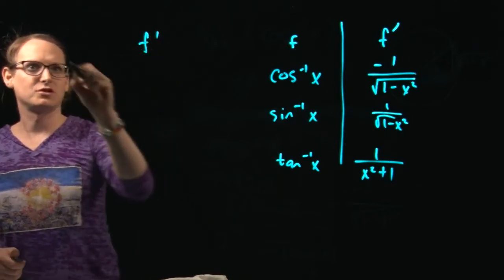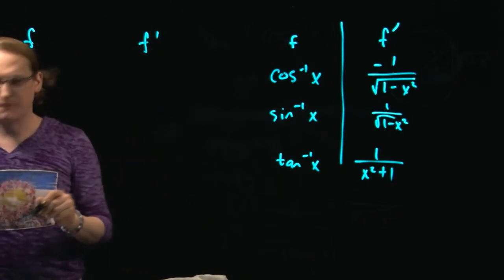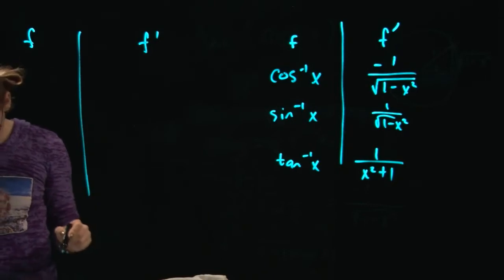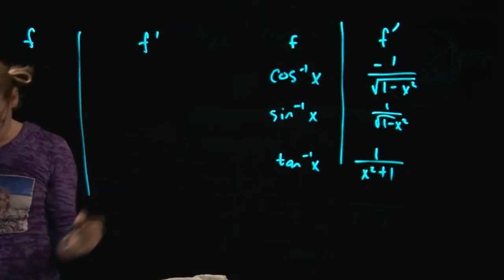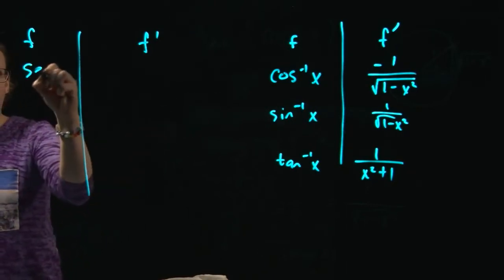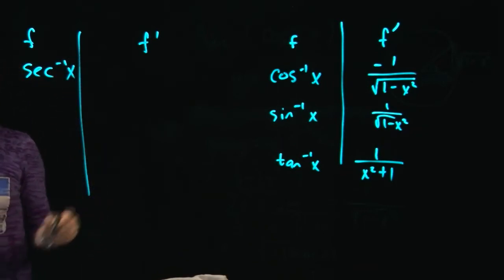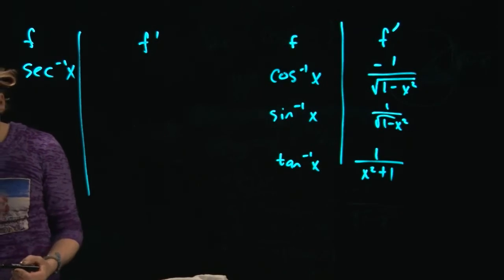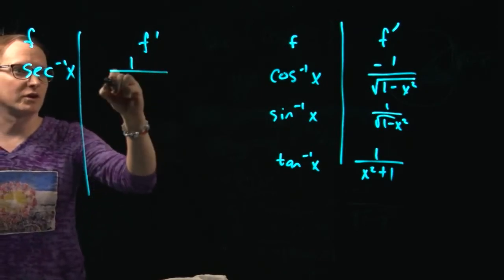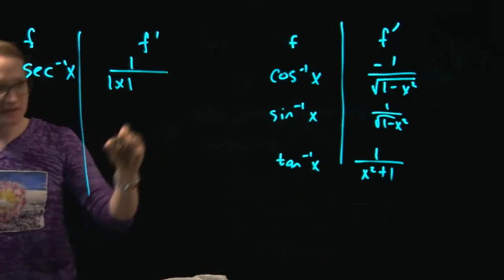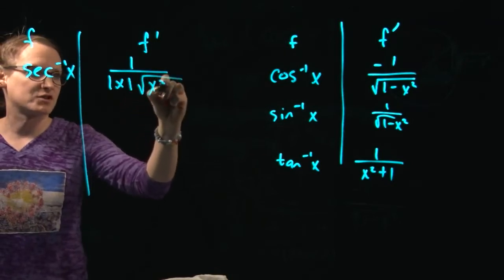So let's do f prime and f. Let's do the other three. Since I did cosine, I'm going to do secant. So there's arcsecant, and its derivative is 1 over the absolute value of x times the square root of x squared minus 1.